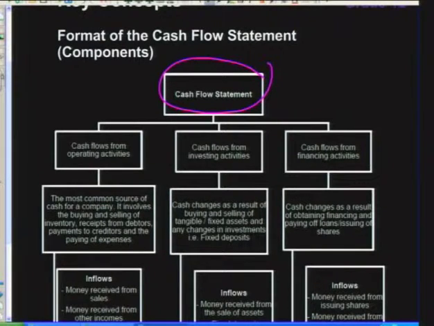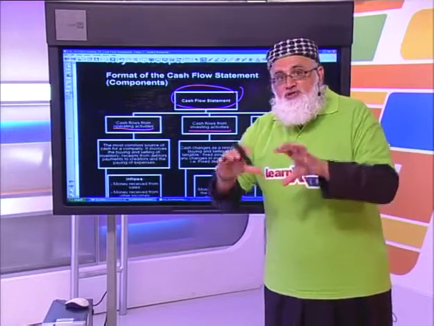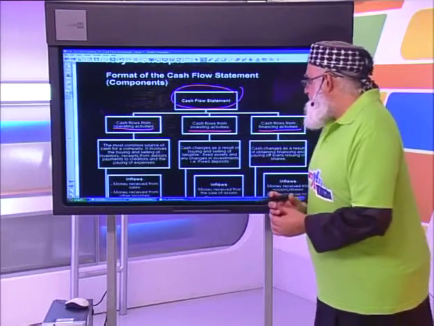Number one, your cash flows from operating activities. Number two, your cash flows from investing activities. And number three, your cash flows from financing activities. So already you can see that we are breaking this up into three categories within the cash flow statement.